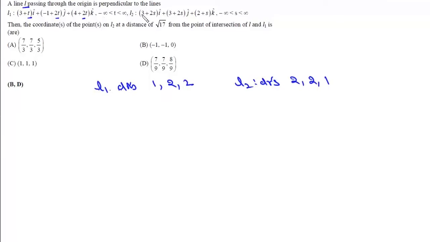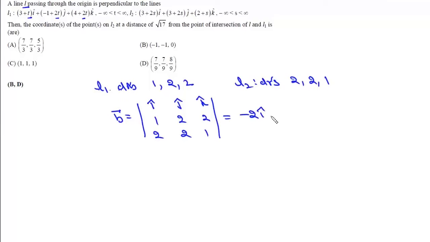Since our line is perpendicular to both, the direction ratios of this line can be given by the cross product of i j k, 1, 2, 2 and then 2, 2, 1. Now we solve this, and we'll get minus 2i plus 3j and minus 2k.